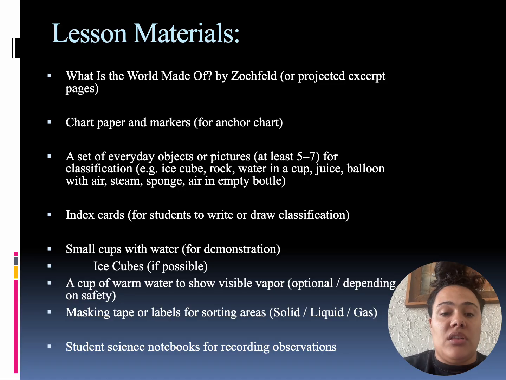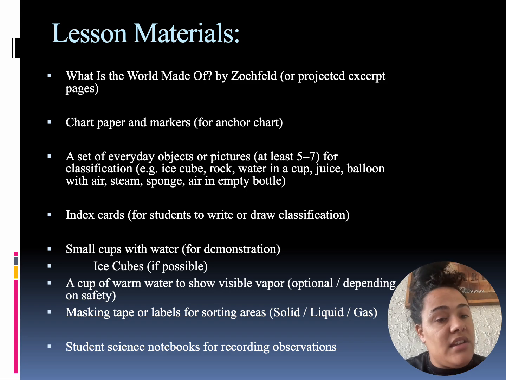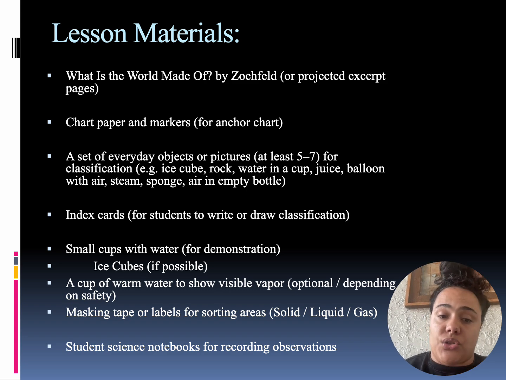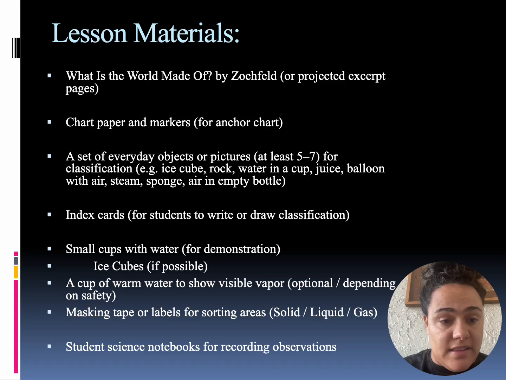You'll also be getting into groups, and you'll be given a set of everyday objects or pictures, such as an ice cube, rock, water in a cup, juice, balloon, a sponge, and air within an empty bottle. You'll also be using index cards to write or draw your classifications during the activity.